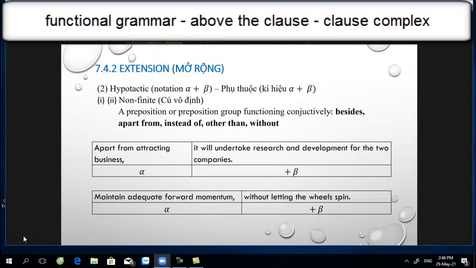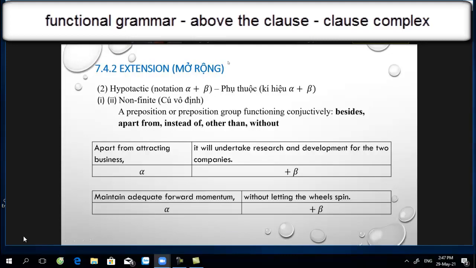Some more indicators: besides, apart from, instead of, other than, without. And the first example. Miss May, can you choose another one, please? I choose Miss Ting.